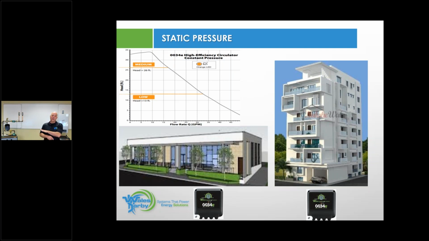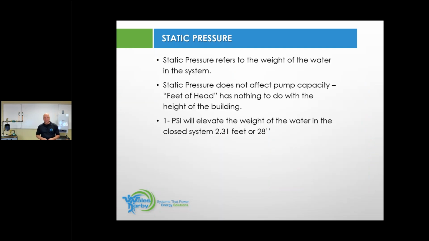So these two systems are going to use the same size circulator because they have the same amount of pipe footage hooked to them. The building on the left could work easily with our standard 12 psi feed valve and 12 psi expansion tank that come standard from your distribution channel. The building on the right, now we may have to change that. So let's talk about that a little bit here.